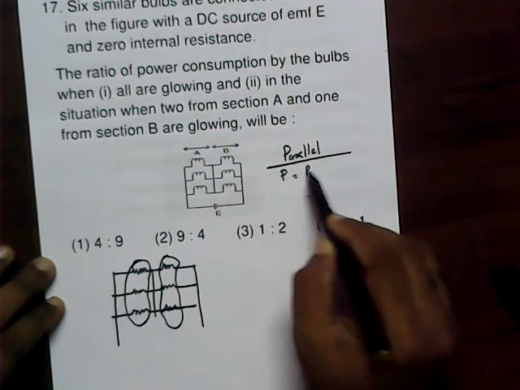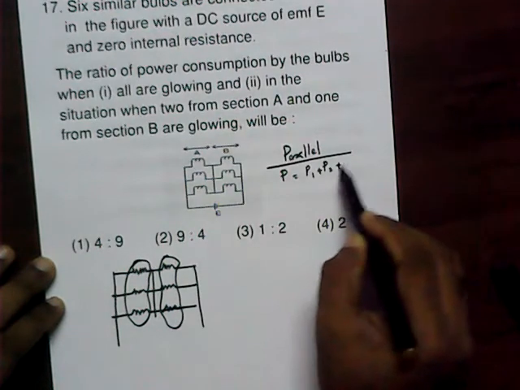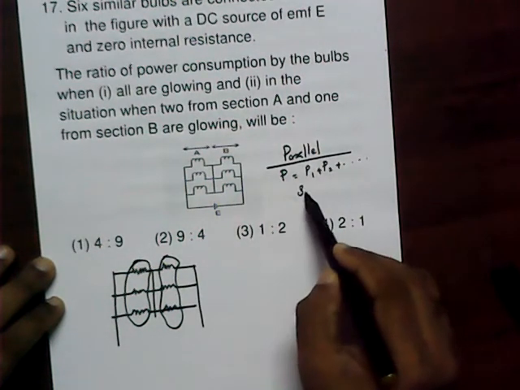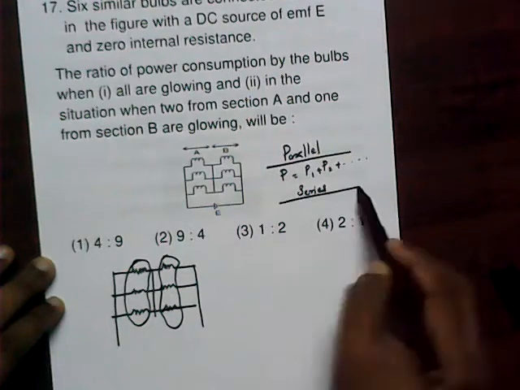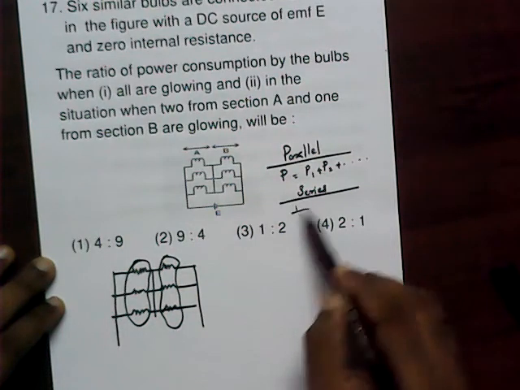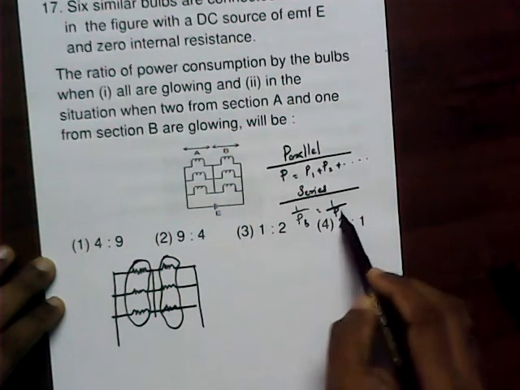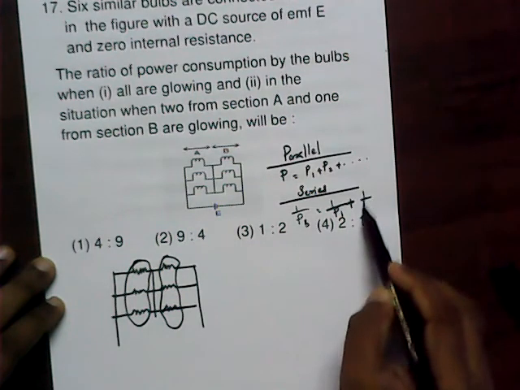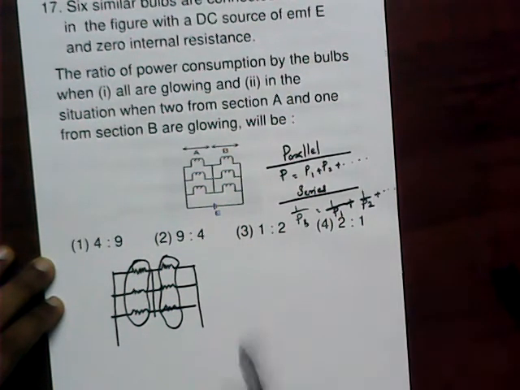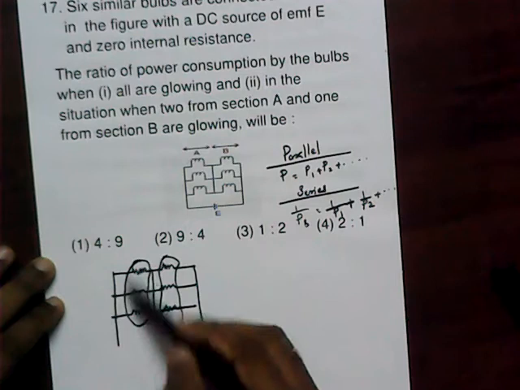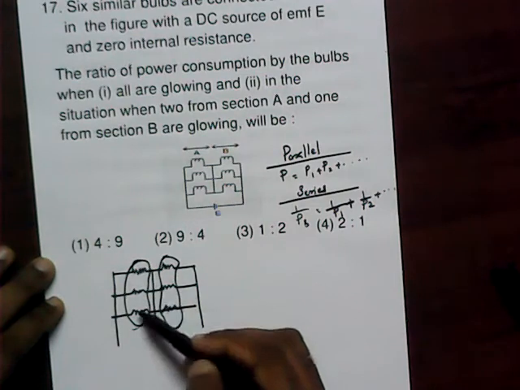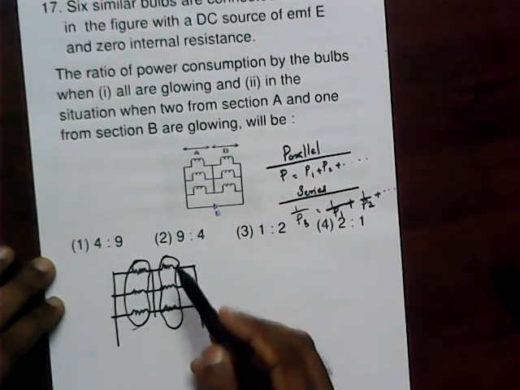That is a very important concept. And in series combination, keep in mind, 1 by P takes the value 1 by P1 plus 1 by P2 plus etc.